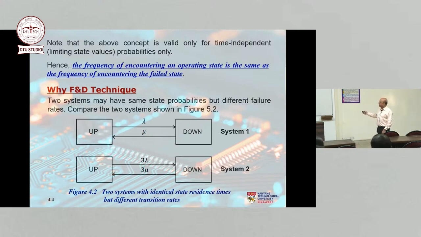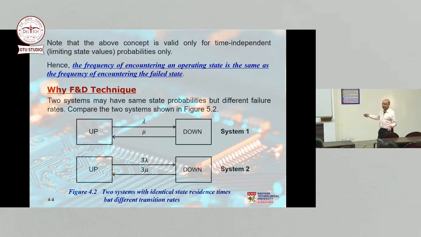So why do we need the frequency and duration technique? You look at these two systems, a comparison will tell you that there is this system where the failure rate is lambda and the repair rate is mu. And there is another system too, where it fails 3 times more, but it is repaired 3 times faster, correct?